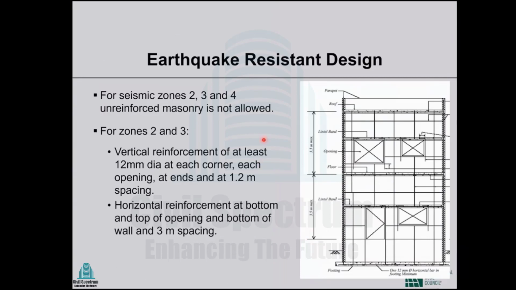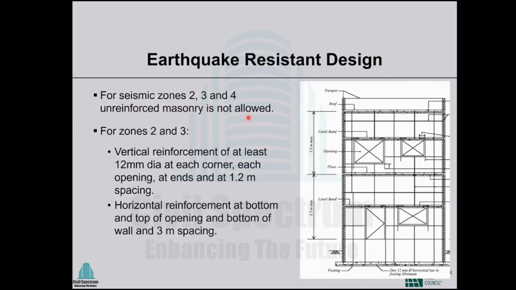Now earthquake resistant design. Okay, this is important. Two types of masonry structures are mentioned in the code. One is unreinforced masonry or URM, another is reinforced masonry or RM. Unreinforced masonry is not allowed. Oh, it's written here. For seismic zones 2, 3, and 4, unreinforced masonry is not allowed.